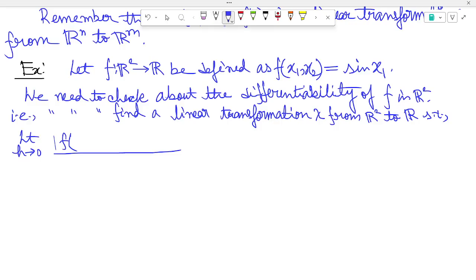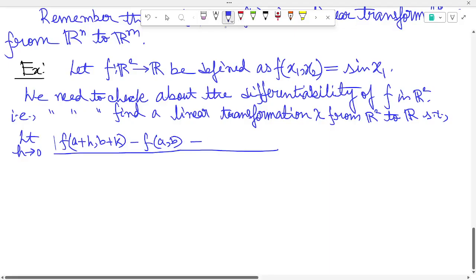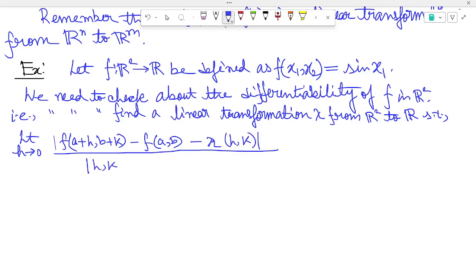If we represent a point by a comma b, two tuples are there, so a plus h comma b plus k, minus f of a comma b, minus lambda of h comma k, divided by the norm of h comma k, equals 0.